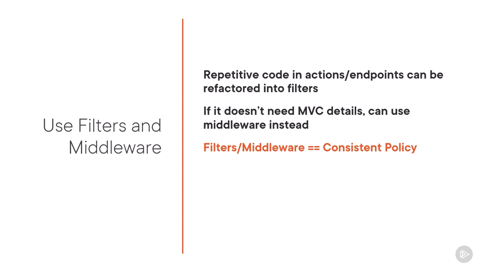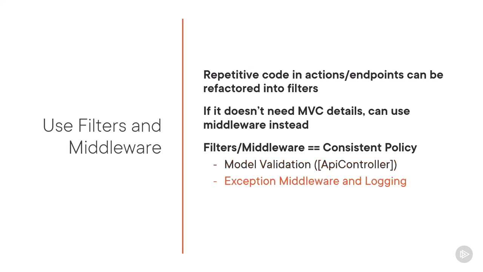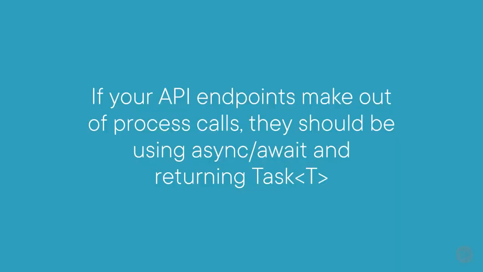A couple of common filter and middleware use cases are for model validation, which API Controller provides for free, exception middleware with logging, and adding analytics. We'll also take a look at some other filters as we go through the other features that you should be using. Async and await should be your default. Any API endpoint making out-of-process calls should be async. It could be talking to a database, another API, the file system.